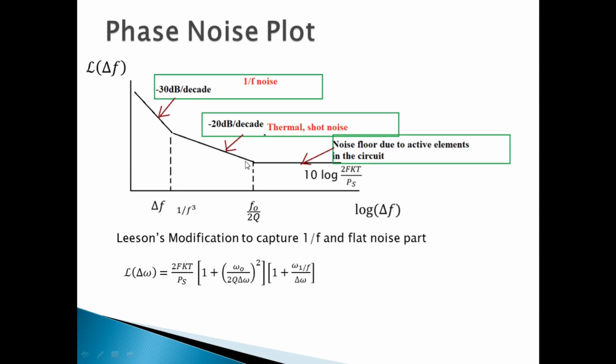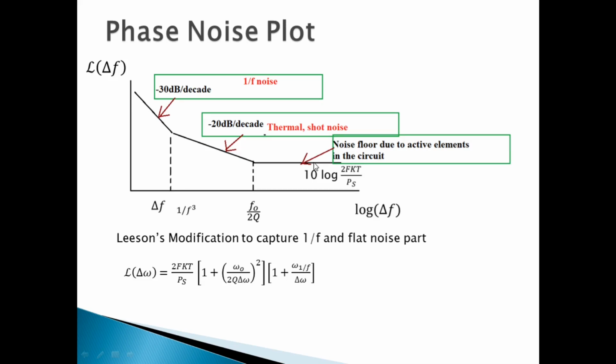That is because the white noise is being filtered by the LC tank. This white noise filtered by the LC tank causes this minus 20 dB per decade slope. And apart from minus 20 dB per decade, we also have a region where the noise contribution is flat. So this is due to the other elements, active elements in the circuit.